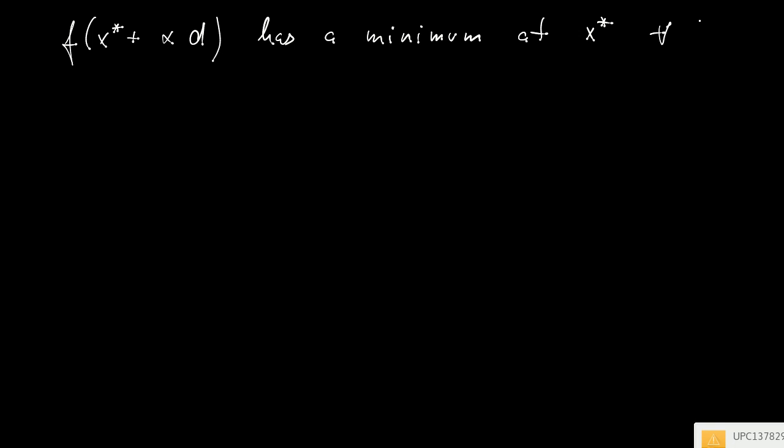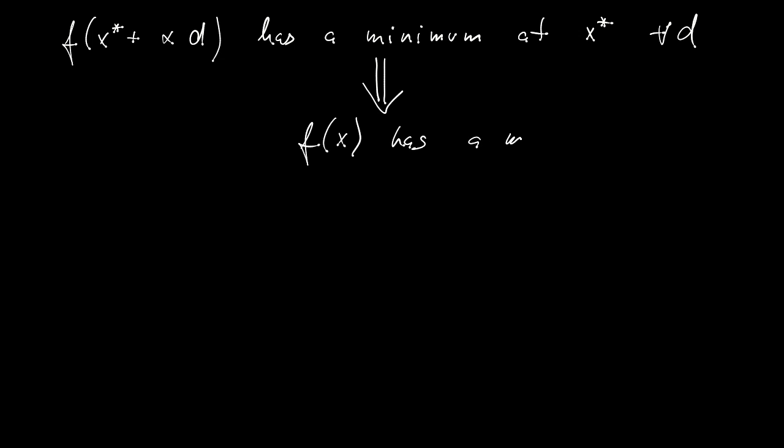If I can show that my original function, when investigated along some fixed but completely arbitrary direction, has a minimum when searching along that direction, then it may be tempting to think that the original function has a minimum at x.